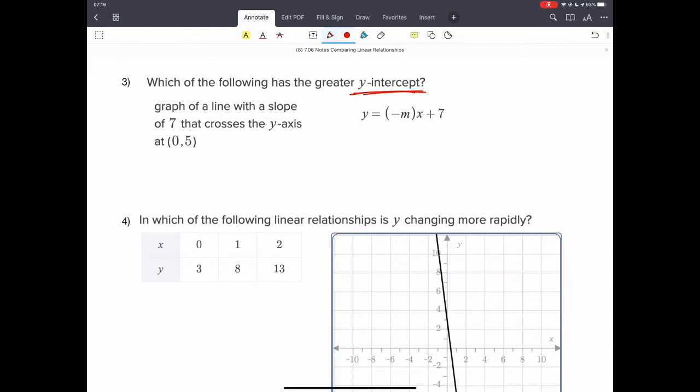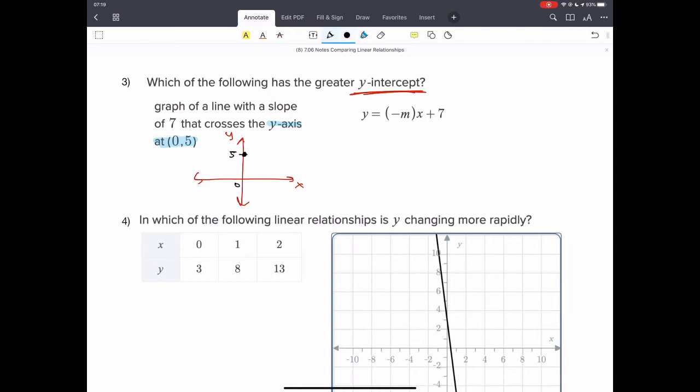In the first example here on the left, we have a graph of a line with a slope of 7 that crosses the y-axis at 5. Here's our y-intercept. If I was to graph this out, here's my y-axis, here's my x. The y-intercept would be at (0, 5). It would be right there.